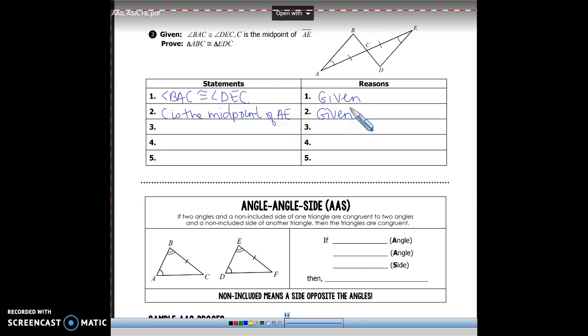Now, if C is the midpoint, that means that two segments are congruent. Those two segments are what we just marked, so we're going to write that. AC is congruent to EC, okay? And the reason, since it was the midpoint and therefore these are congruent, is the definition of midpoint.